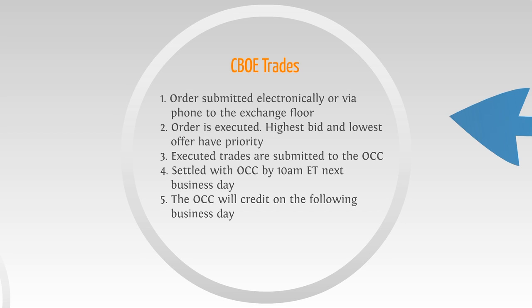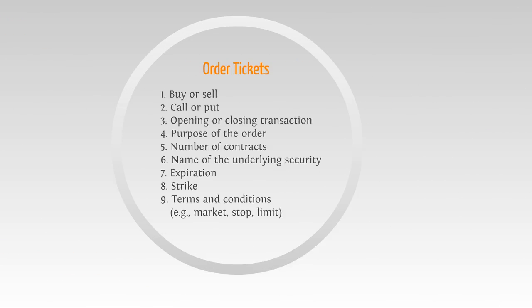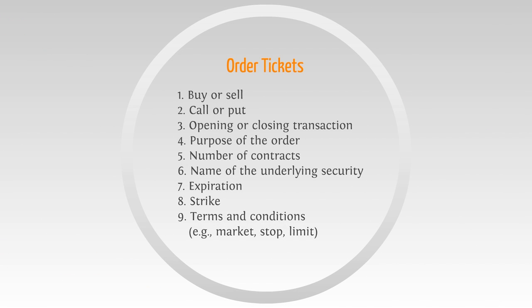They're making sure that counterparty risk is at least minimized. And the OCC will credit you on the following business day after you're done with your option. The order tickets are required to have certain information on them, and again, this is important to know for the exam. A lot of these are pretty obvious, whether it's a buy or sell, a call or a put, the number of contracts, but it's important to review these and know these for the exam.